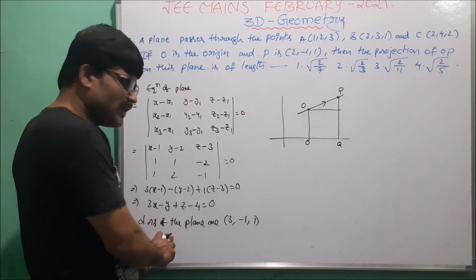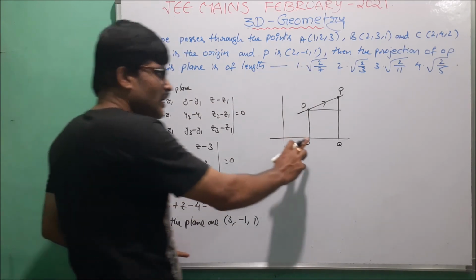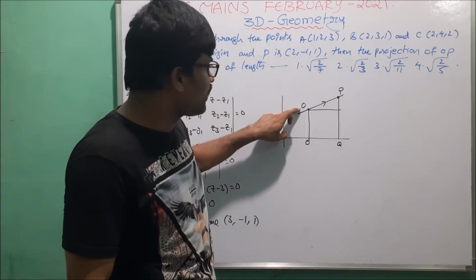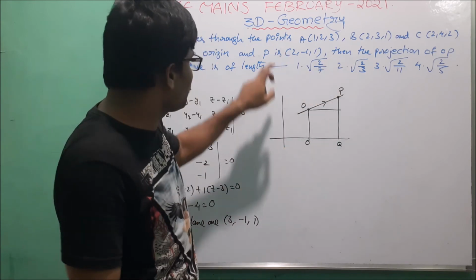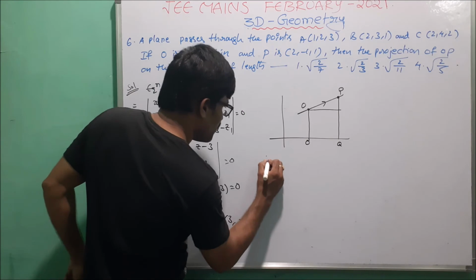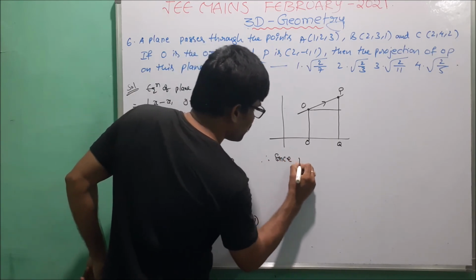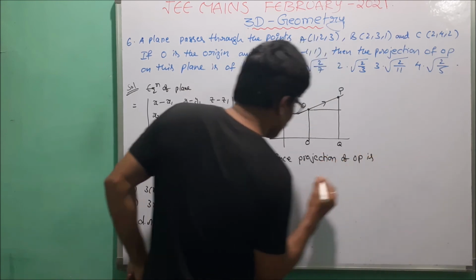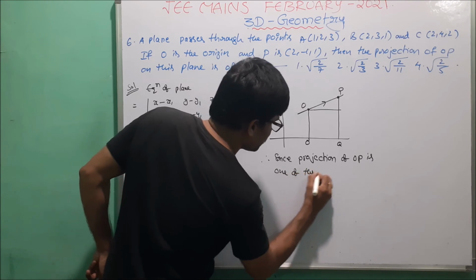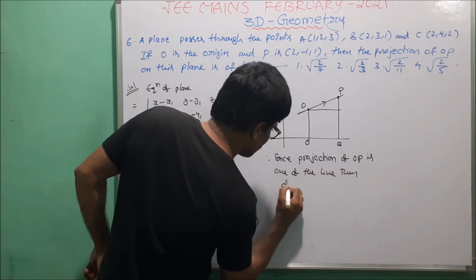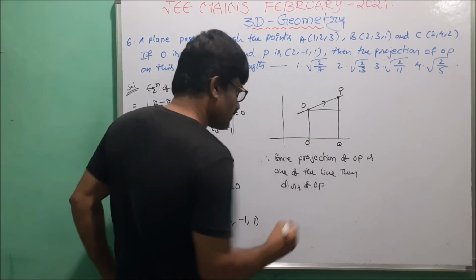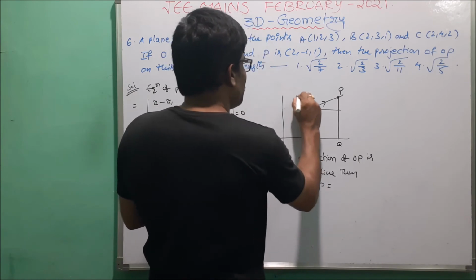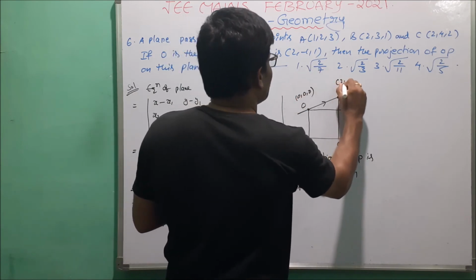So here to find the DRs of the plane and also to find the DRs of the line. Now the DRs of the line are already given. Origin is already known, P is also already known, it will be given. P is 2 minus 1, 1. So here, since the projection of OP is one of the line, then the DRs of OP, we take O 0 0 0, P is 2 minus 1 1.